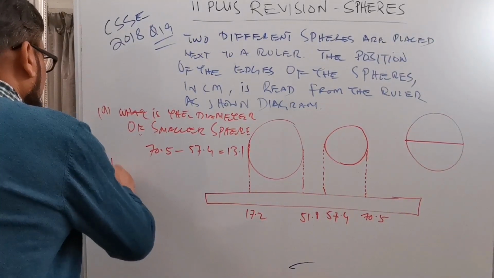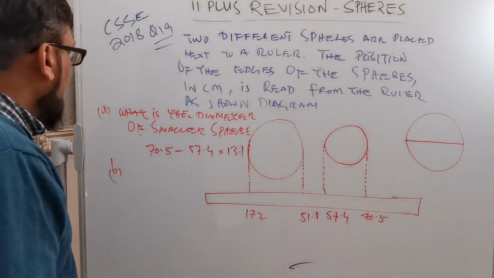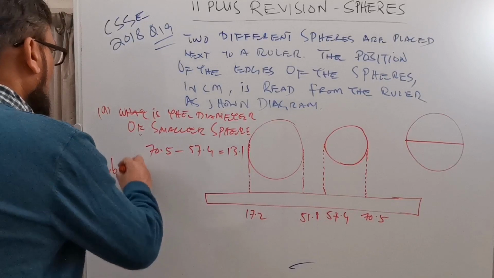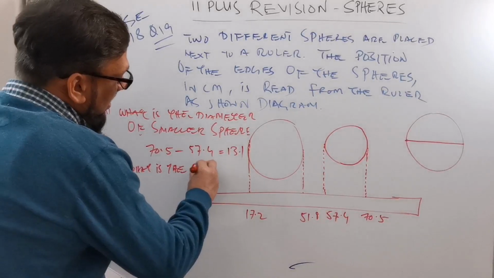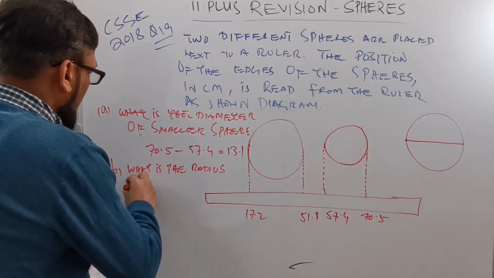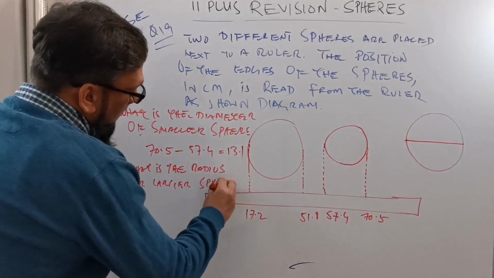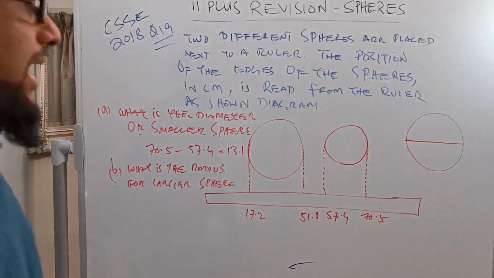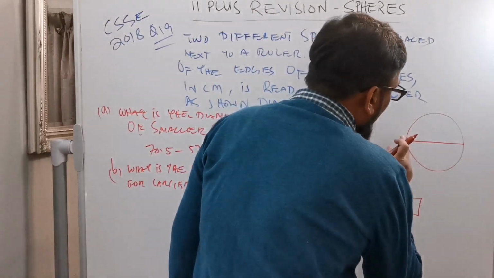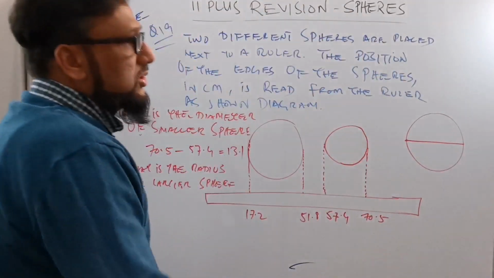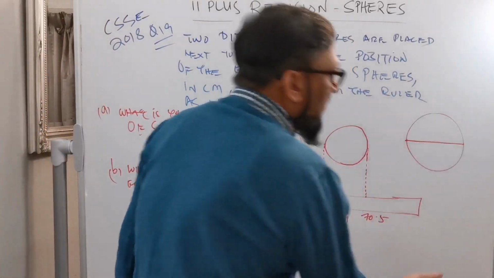Part B: what is the radius of the larger sphere? The diameter is the total distance from one side to the other, but the radius is half of the diameter.